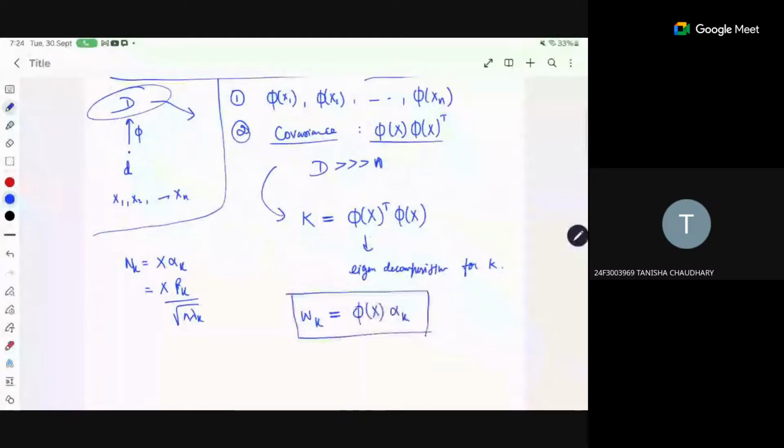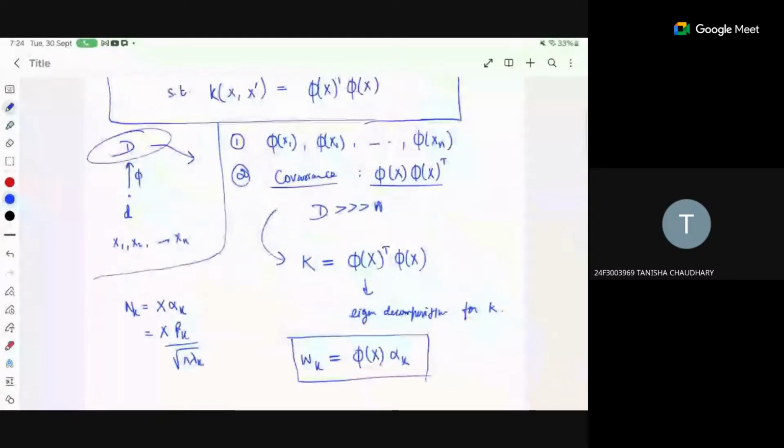But again, what is the other problem here? We move from a lower dimension to a higher dimension and try to perform the PCA on the higher dimension. But then the number of dimensions can go very large, and there can be this time complexity issue.